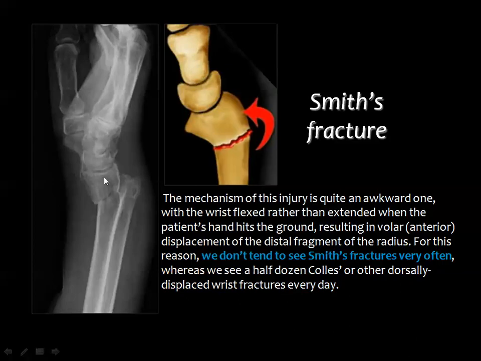The distal fragment in Colles fracture is displaced dorsally, while in Smith fracture, the distal fragment is displaced volarly, and the apex angulation is usually on the dorsal aspect. And it is clearly stated in the literature that Colles fracture is far, far more common when compared to the Smith fracture.